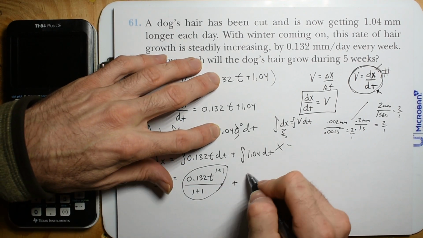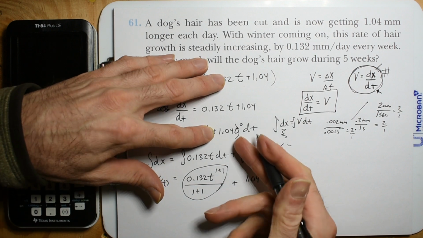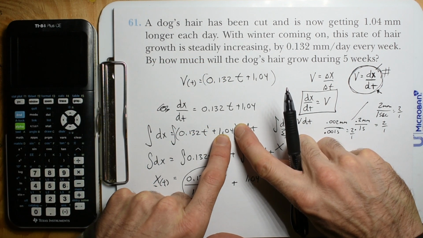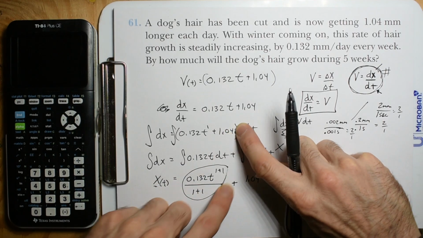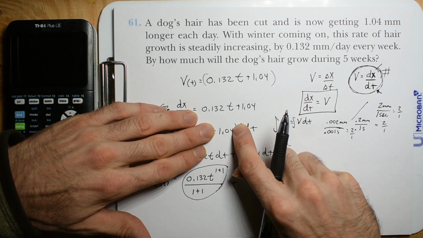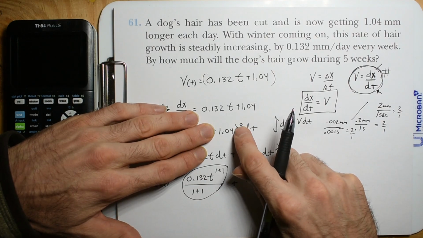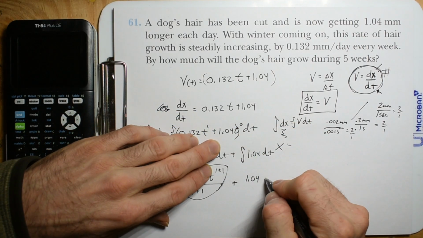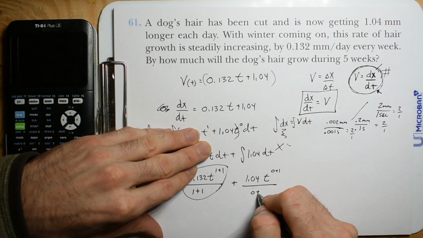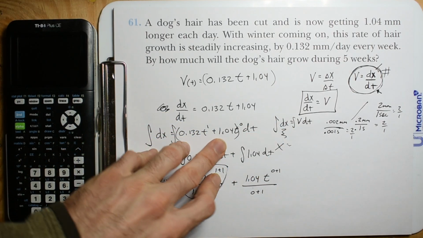All right, now we'll go over here, 1.04. For some it's just like, hey, I have a constant. Obviously, it's just going to be a constant times t. But for others, you might forget to do something with it. So if you have this t to the 0, it gives you the ability to use that power rule of integration, even though I don't know if it's technically correct to do that.